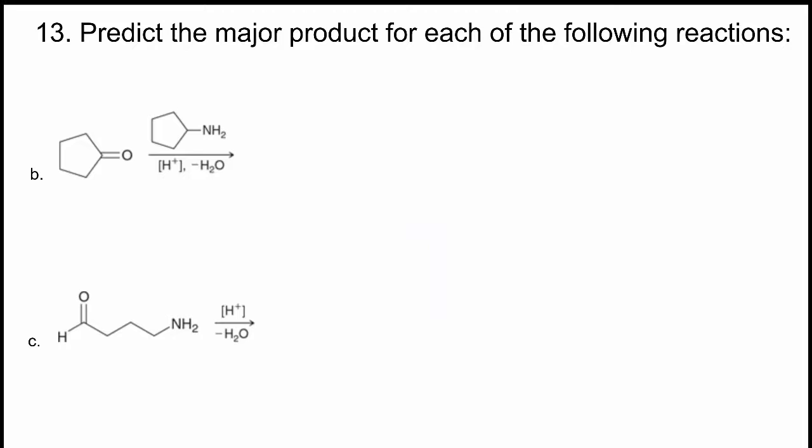All right, in this one, we're looking at predicting products. We have a carbonyl plus an amine, a primary amine. And that's because there's only one carbon bonded to the nitrogen in this case here. So this is what a student sent in for an answer.